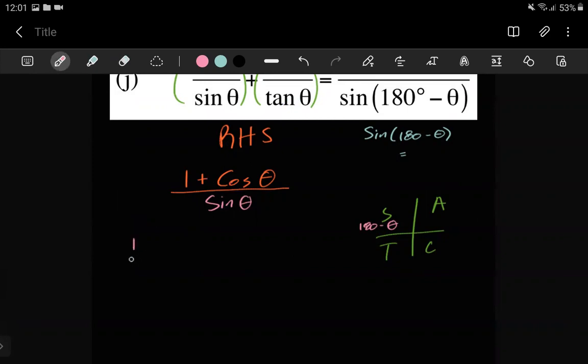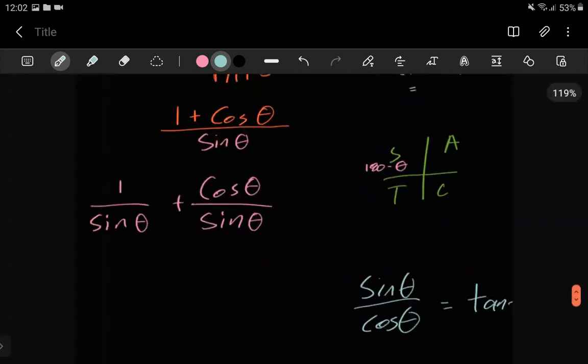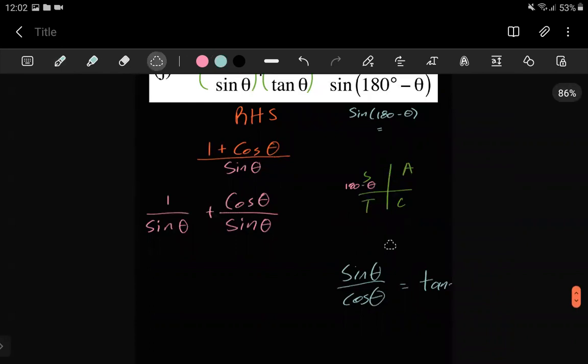It's like this: 1 over sine theta, and then here cos theta over sine theta. So the fortunate thing is, remember, we know that sine theta over cos theta is what will be equal to tan theta.